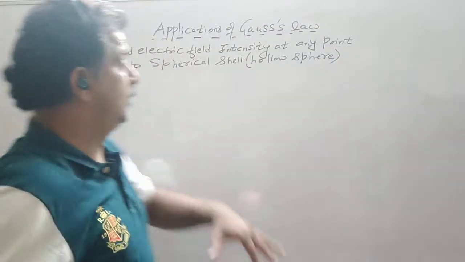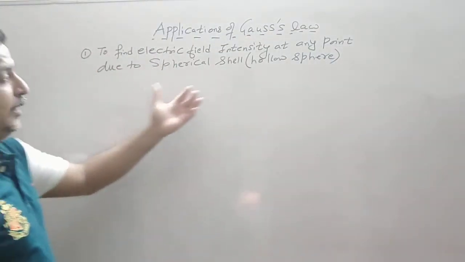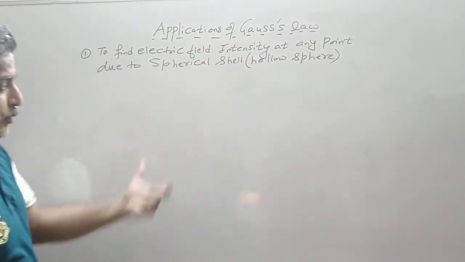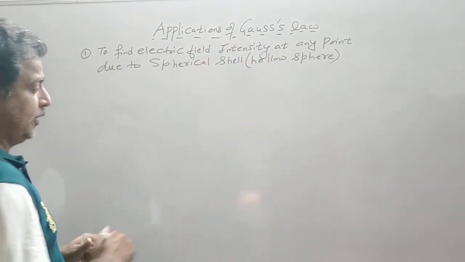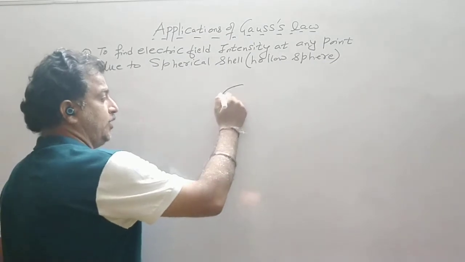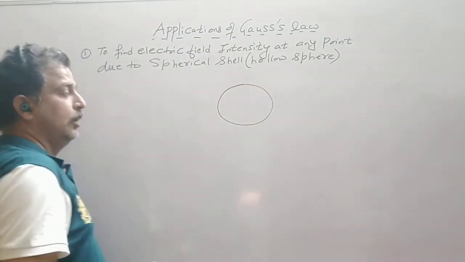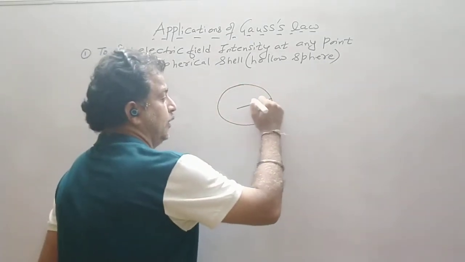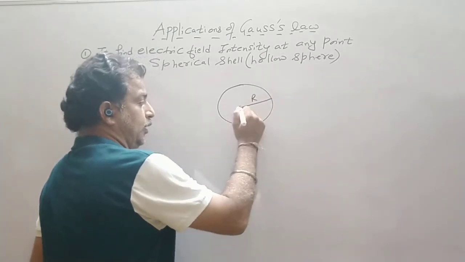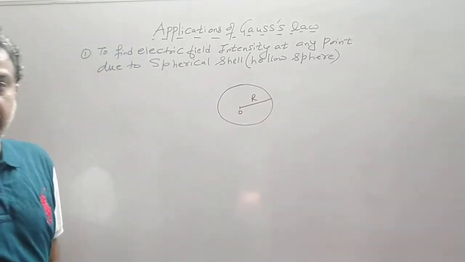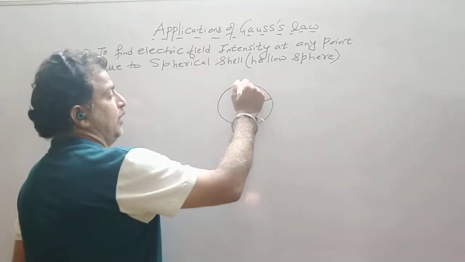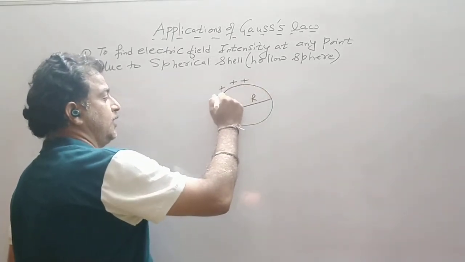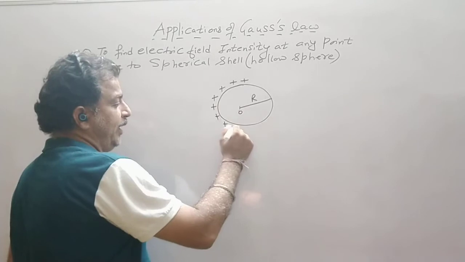Now let us understand how to apply the Gauss law and what steps we have to follow. So first we take a spherical shell of radius capital R, and on this hollow sphere the charges are uniformly distributed.